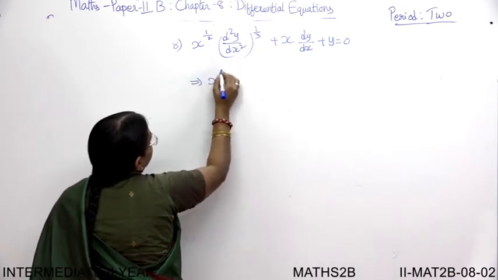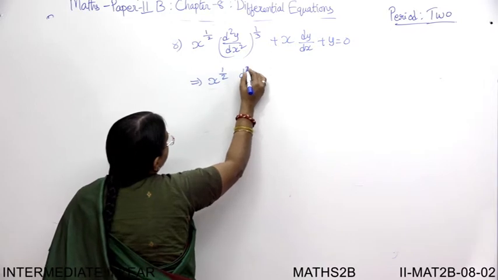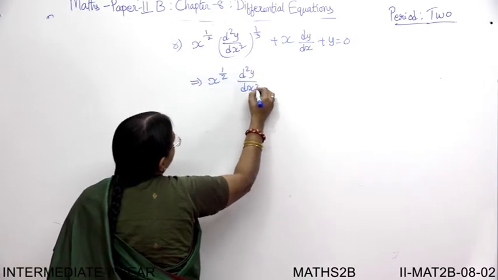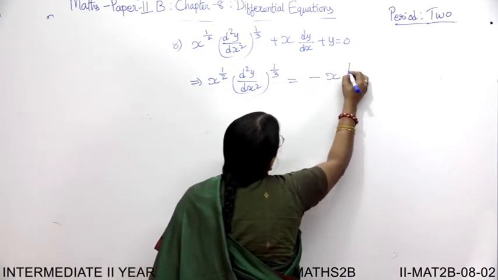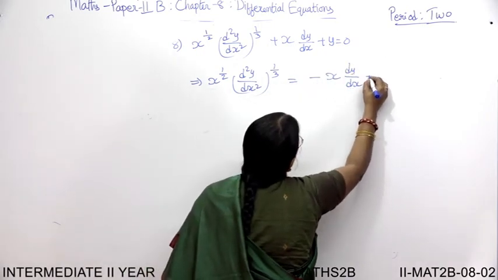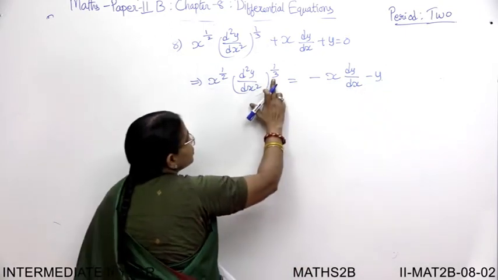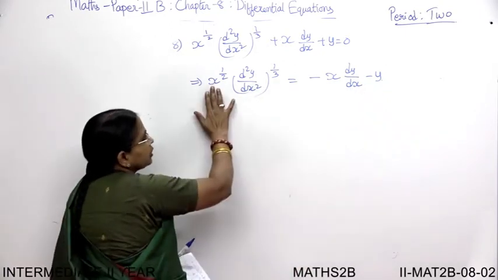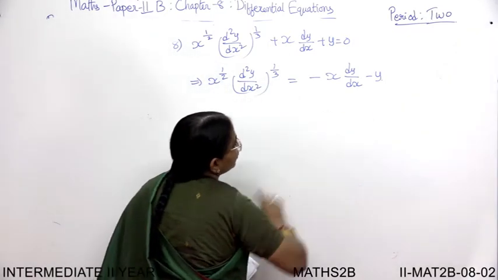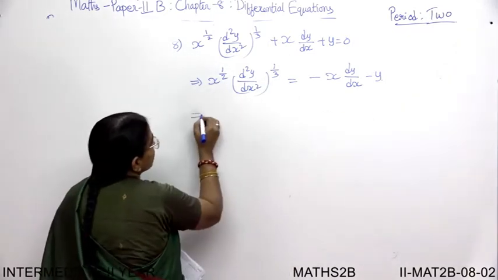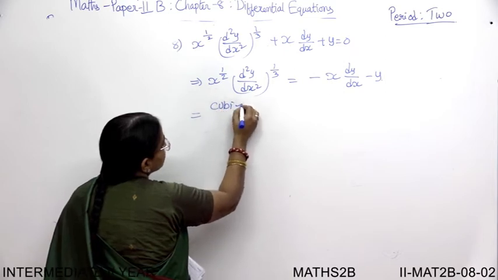So you must write x power half into d square y by dx square whole to the power 1 by 3 is equal to minus x dy by dx minus y. Now this power should be removed. This you can have as a fraction, no problem, but this power should be removed. So what will you do? You will cube on both sides.